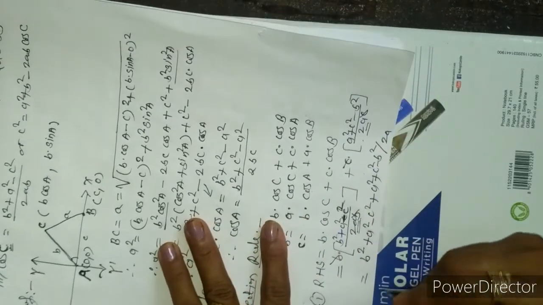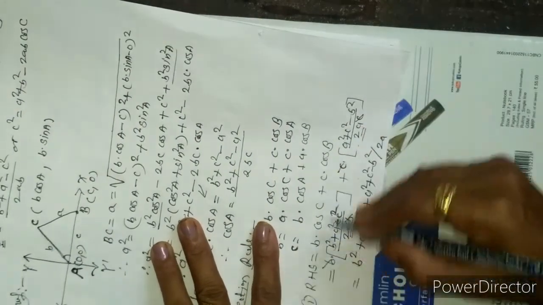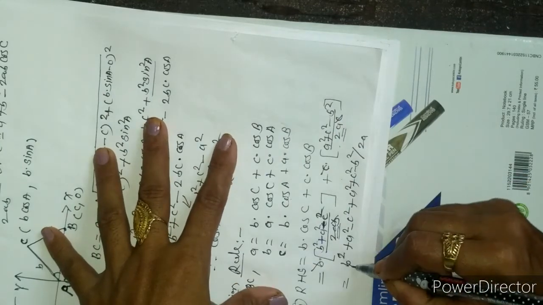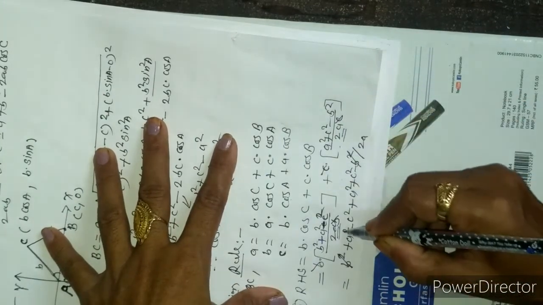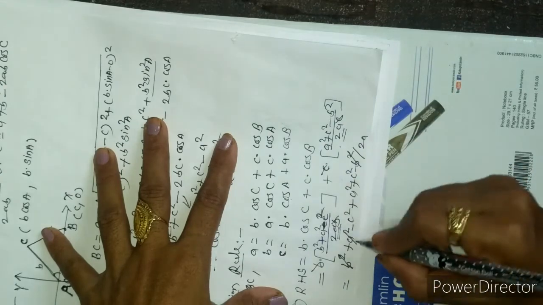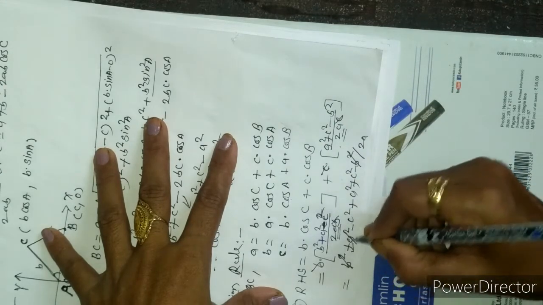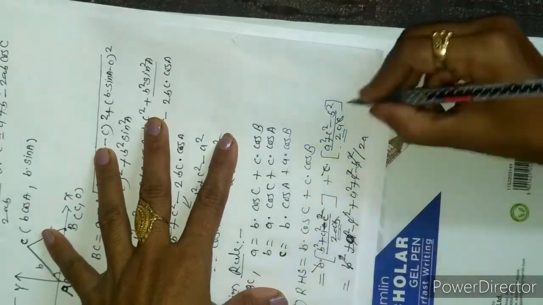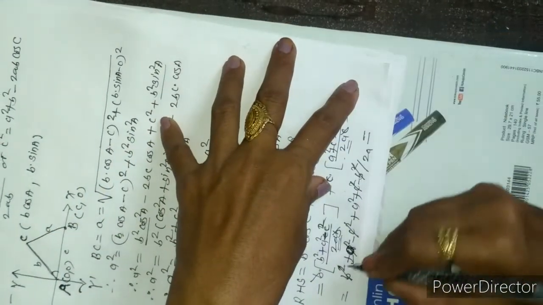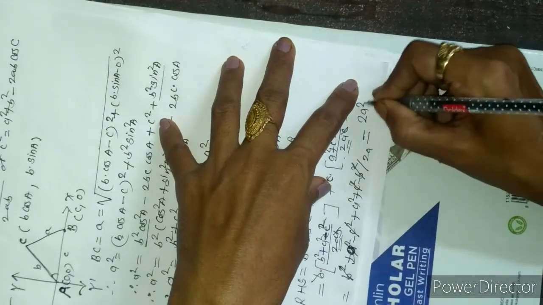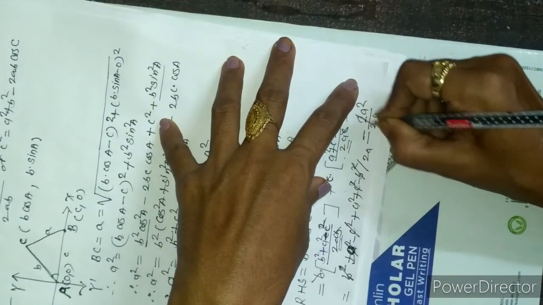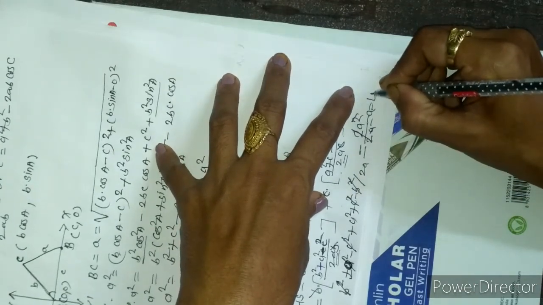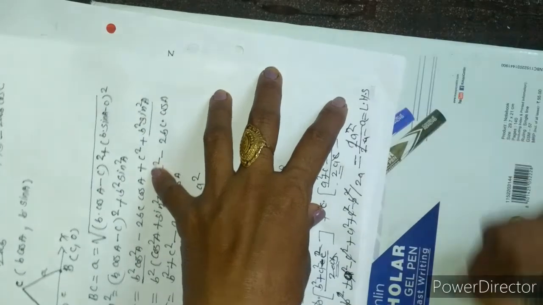So this is RHS, the value of B times cos C plus C times cos B. After simplification, this B square cancels with this B square, this C square cancels with this minus C square, and the A square remains. A square plus A square means 2 times A square upon 2A. These 2 cancel and one of the A cancels. So we get A, and that is nothing but the left side, LHS.